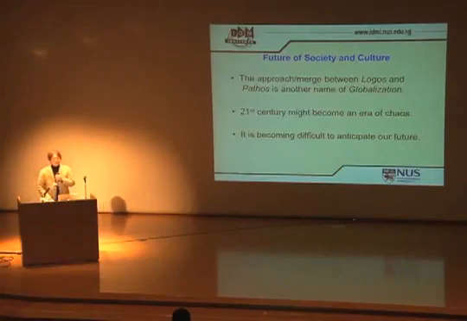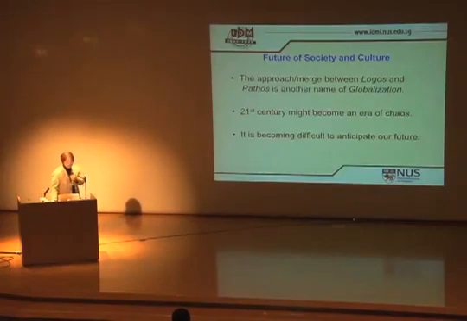But now once again they are approaching. Then maybe the 21st century might become a chaotic era, and this chaotic era is already starting with the war in Iraq, what's happening in Afghanistan, and the 9/11 terrorist attacks. We don't know what's going to happen; it's unpredictable. So an era of chaos is maybe already starting.